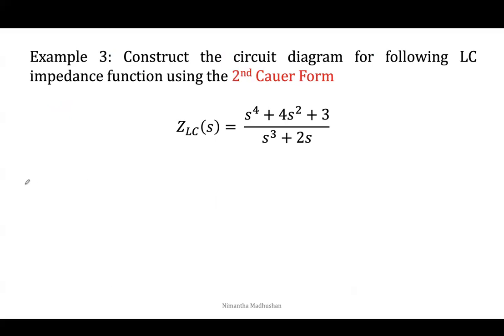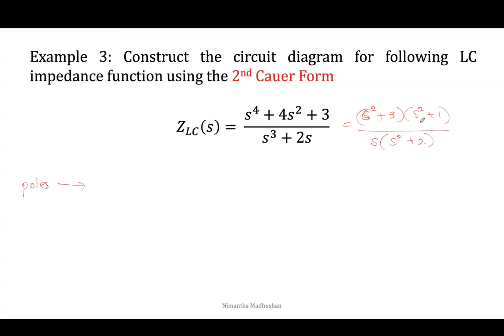For the poles, we can obtain them from the denominator. I rewrite the impedance function with roots. We can write it as s squared plus 3 times s squared plus 1 over s times s squared plus 2.